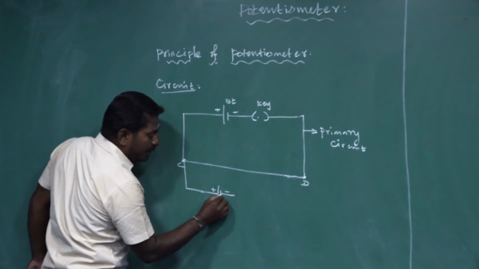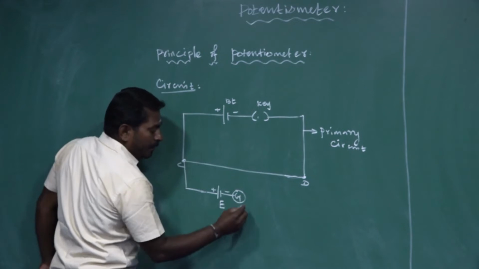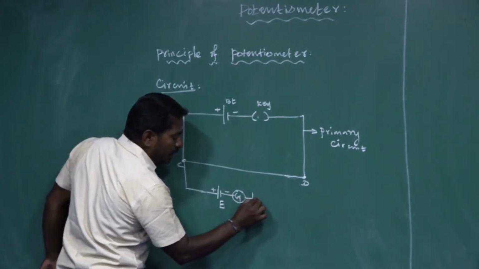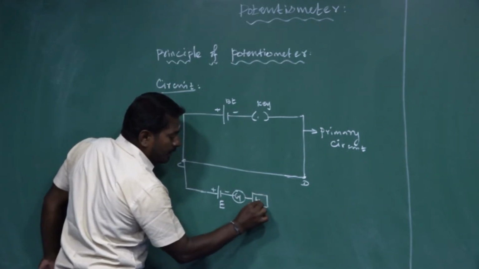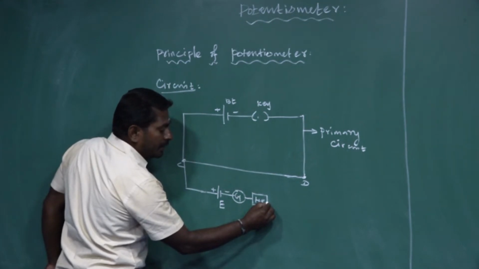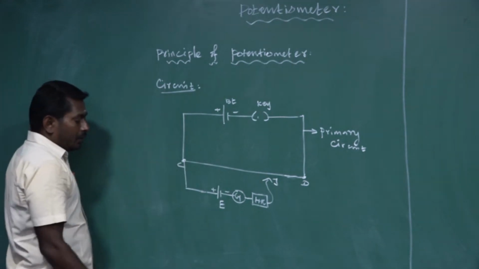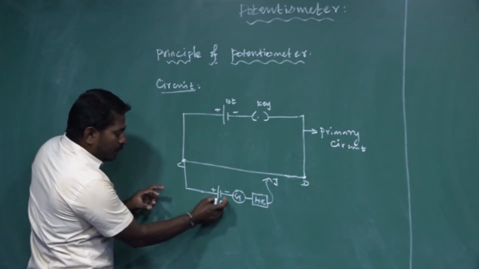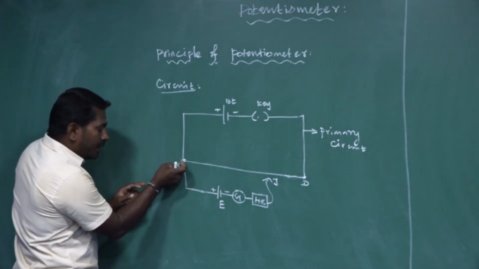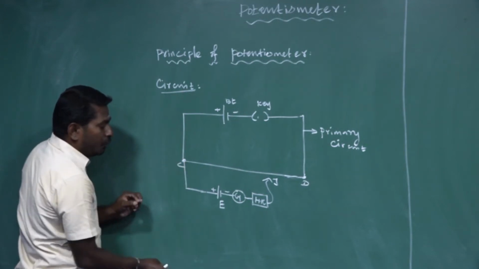The negative terminal of the primary cell is connected to the galvanometer, and the other end of the galvanometer is connected to a high resistance. Then the next end of the high resistance is connected to the metal jockey J. So the positive terminal of the primary cell is connected to the C terminal, and the C terminal is nothing but one end of the potentiometer wire.